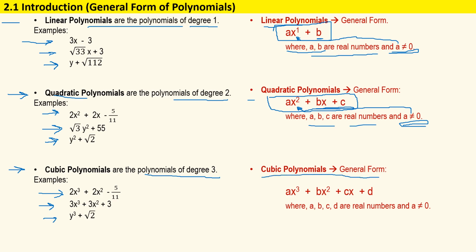Similarly, general form of cubic polynomials is ax cube plus bx square plus cx plus d, where a, b, c and d are real numbers and a is not equal to 0.